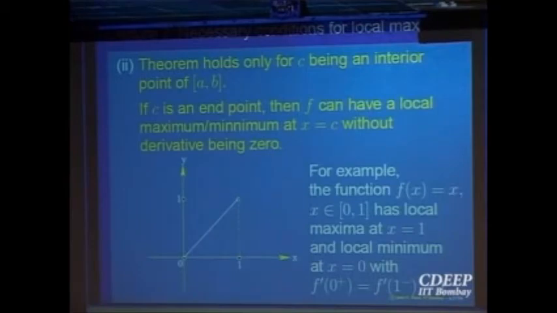For example, for that function, the right hand derivative exists at this point, the left hand derivative exists, and both are not equal to 0. But those are the points of local maxima and local minima, right? So be careful when you are applying. It is only for interior points, not the endpoints.